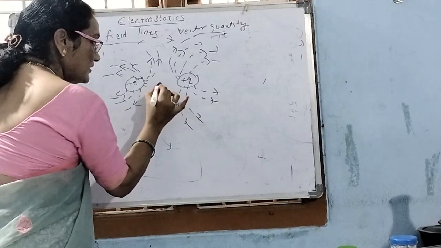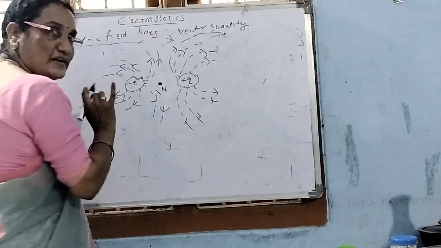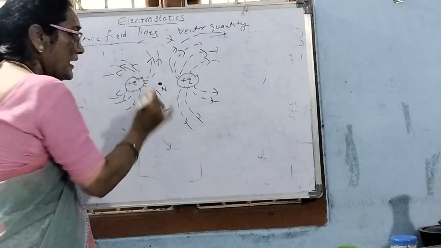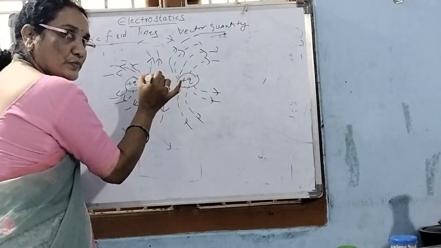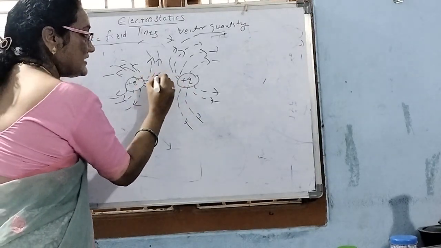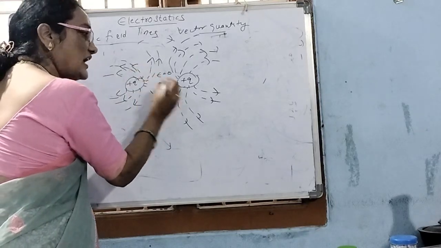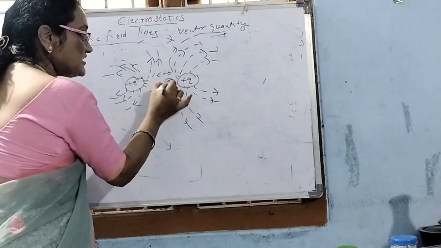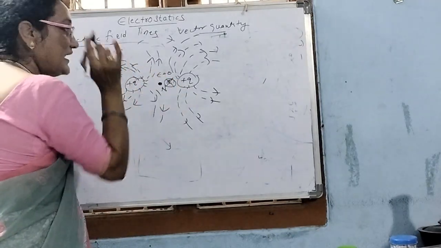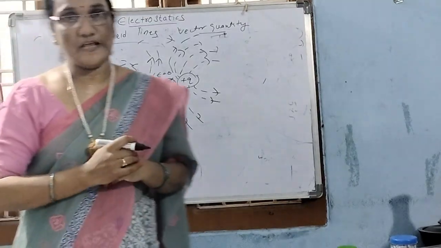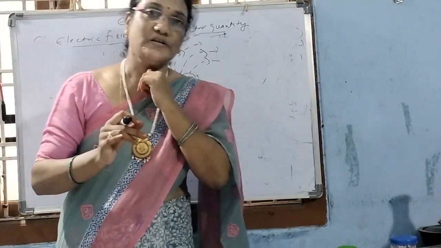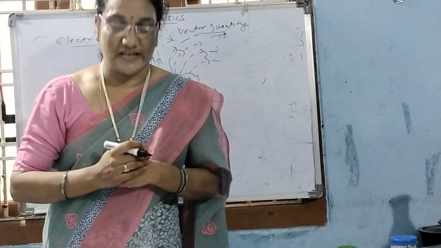Now here, there will be a point in between these two, at point N, where the electric field will be 0. If you place any charge there, it remains neutral because the electric field is equal to 0. So this is about the field lines or flux lines.